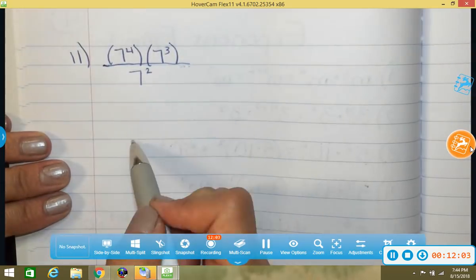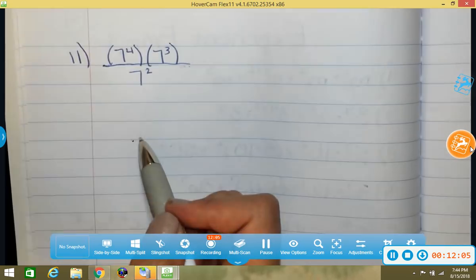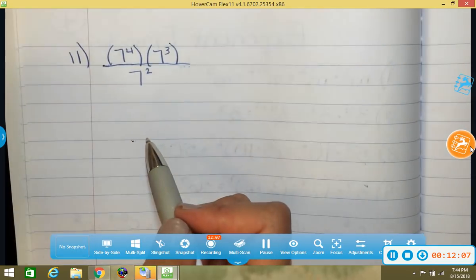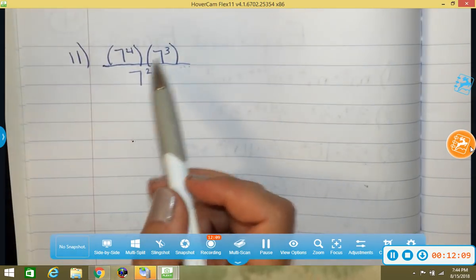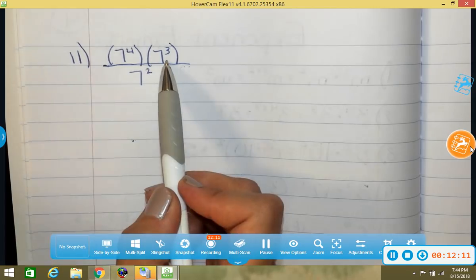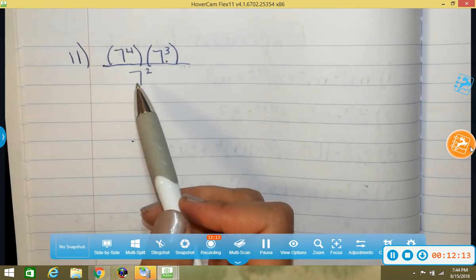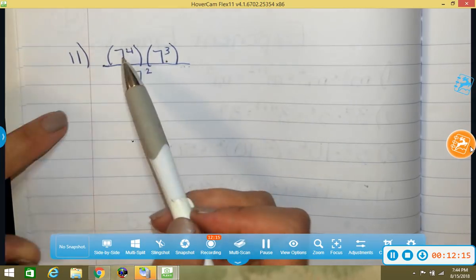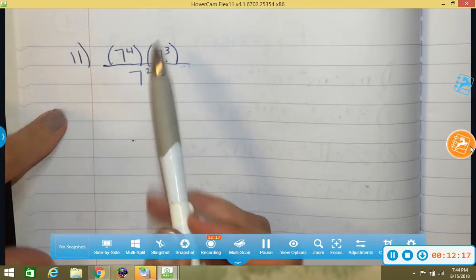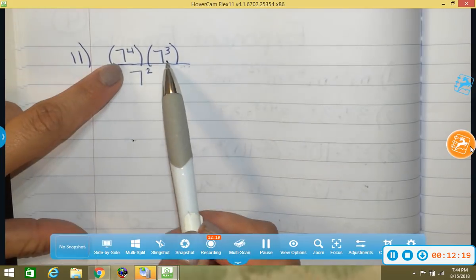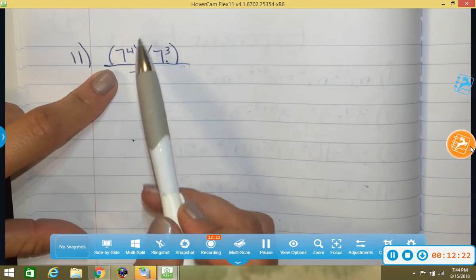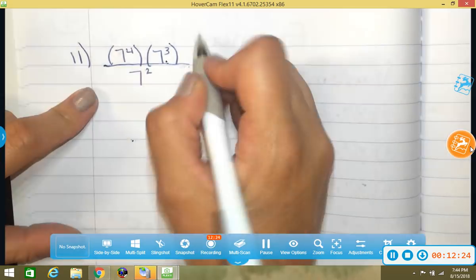Okay. So we have to have one base and one exponent in the numerator before we can continue on to simplifying this. So we can simplify the numerator first, and we're able to say, okay, well, these are like bases and they're being multiplied, so I know that I need to add my exponents.